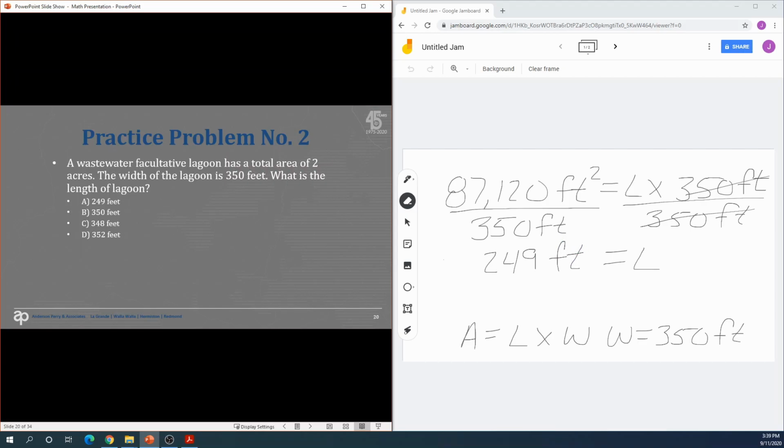We have feet squared on top, dividing that by feet. So feet squared divided by feet is equal to just feet. So our answer is 249 feet, going to be our length.